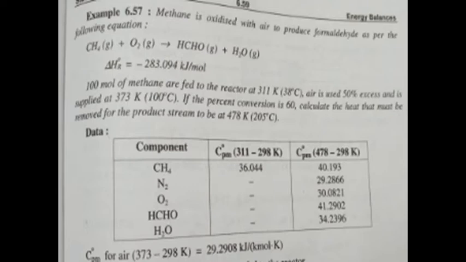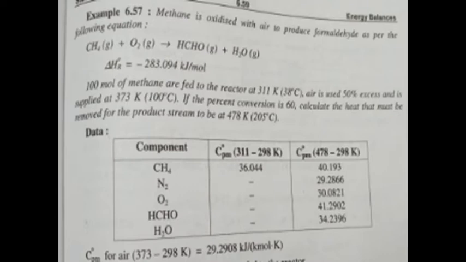Next, CPM0 for 478 to 298 Kelvin. This is the product temperature, 478, and 298 is the reference or standard temperature. On the product side we have the methane unreacted value, nitrogen entering equal to leaving, oxygen unreacted value, formaldehyde produced value, and water produced value. What is the product composition here?